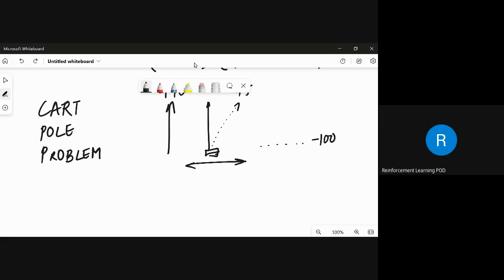In this particular example, the amount of distance your hand or the base can move is not discrete. By just looking at the problem, you can find out whether it's a discrete action problem or a continuous action problem.